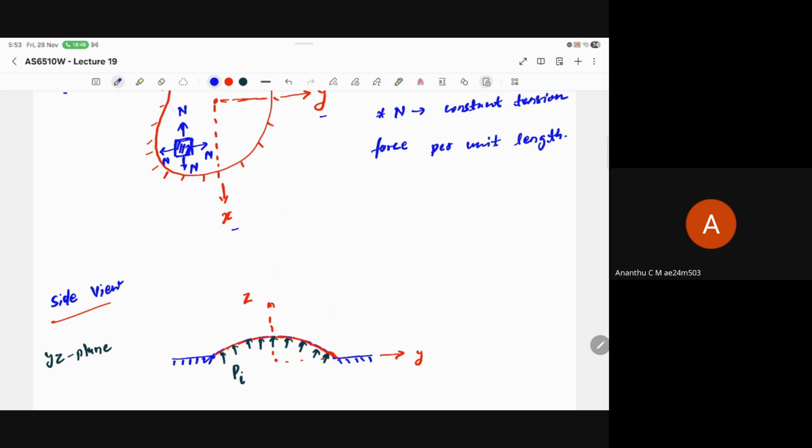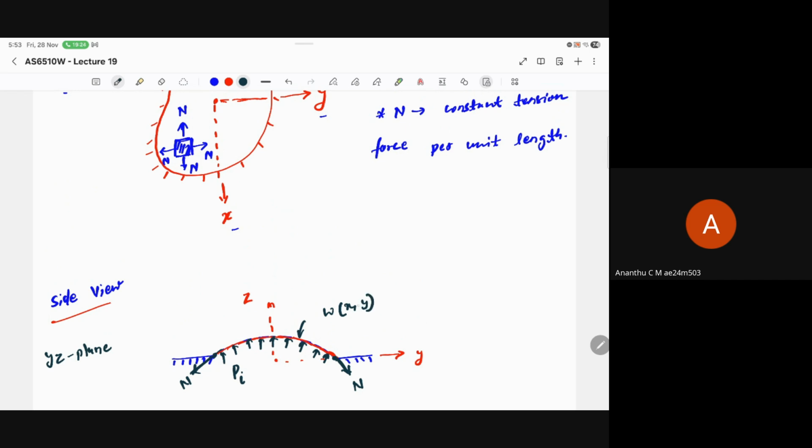So this tension force, right, so if you have the tension force, you will see that this tension force is basically along the membrane. So if we talk about this point, you will have a tension force along the membrane, which is here, and similarly if we talk about this point, you will have along the membrane tension force N. Okay, and if you consider this surface is going to have deflection, a function of x and y, right?